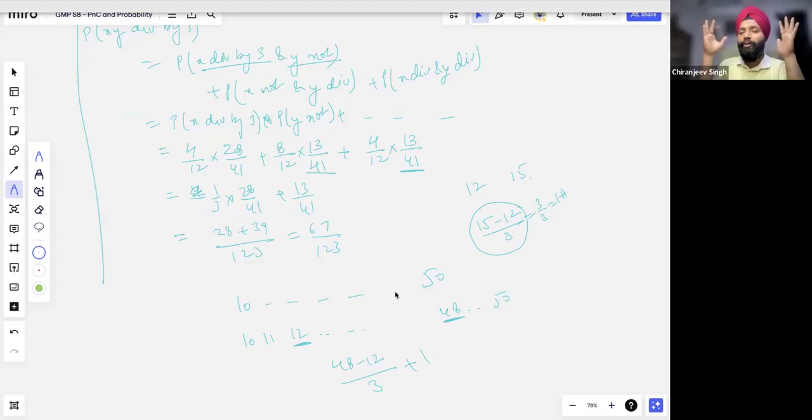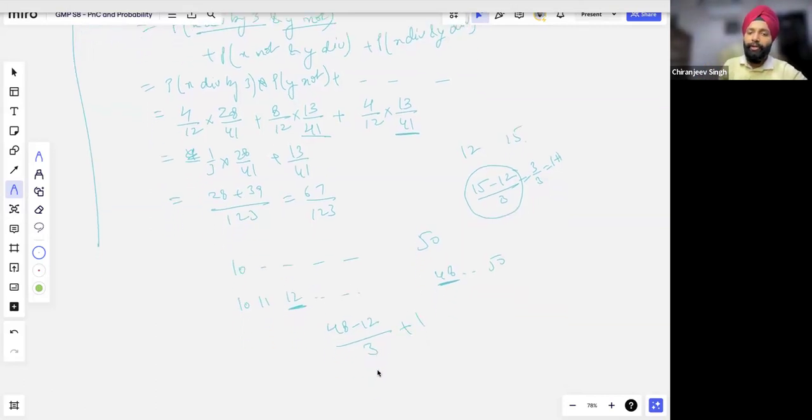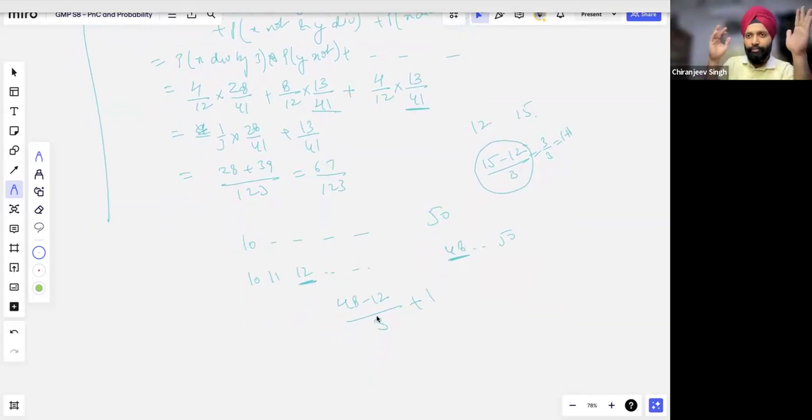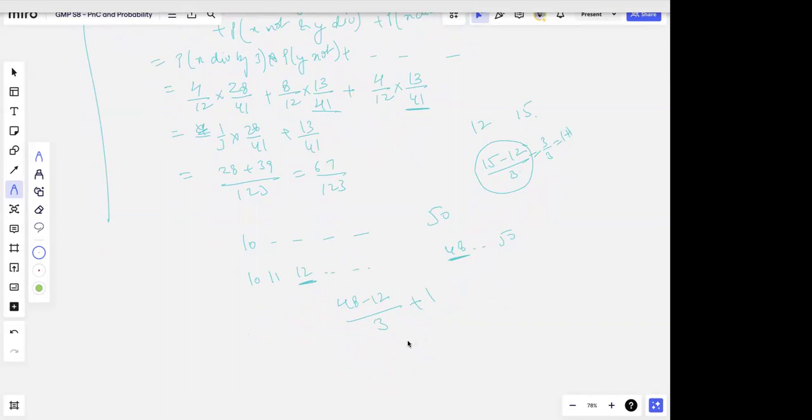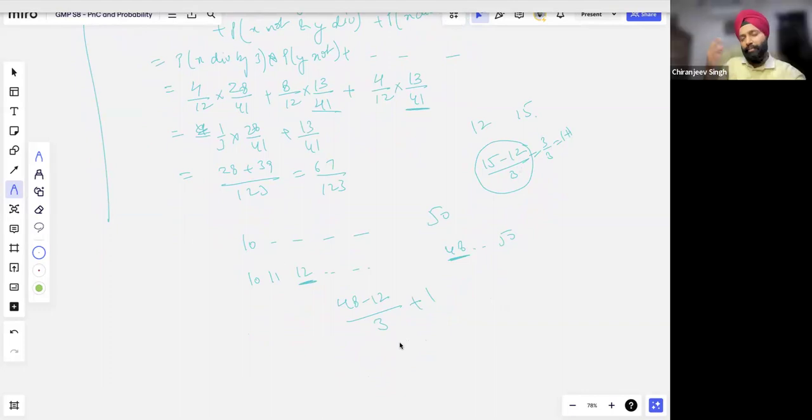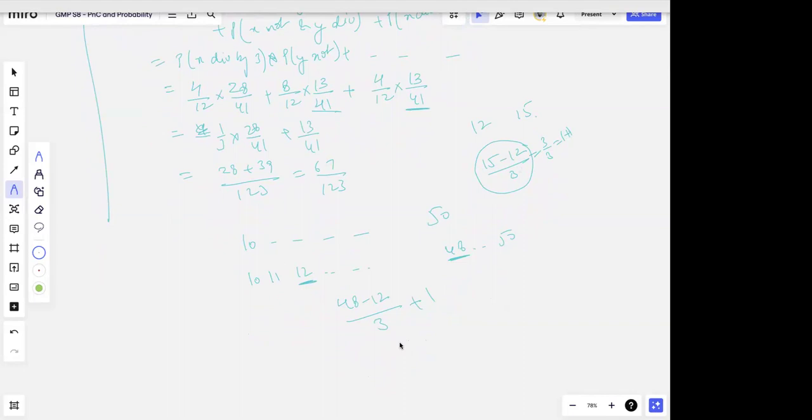Whatever multiple you're looking at, let's say here we are looking at multiples of 3, you look at the first multiple in the list and the last multiple, do the subtraction, divide by 3. If you're looking for multiples of 7 or any number, look at the first and then the last, subtract, divide by 7.